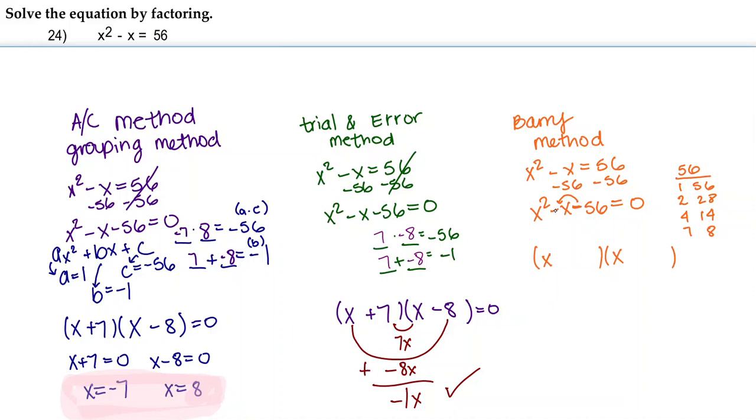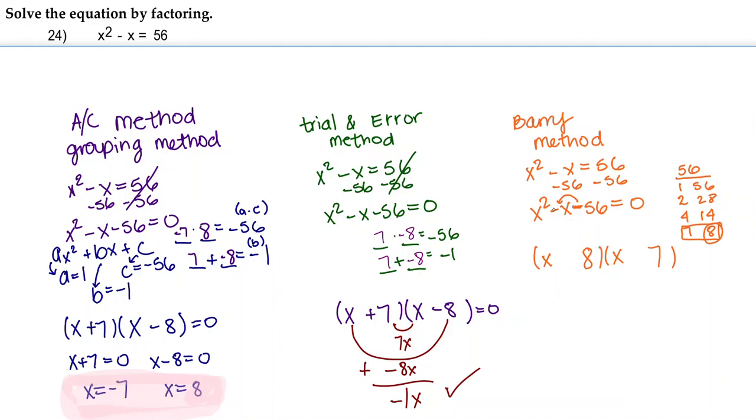This negative we're not paying attention to just yet. So the factors of 56 that have a difference of 1 are 7 and 8. So we're going to write the highest value in our first parentheses and the other value in our second parentheses.